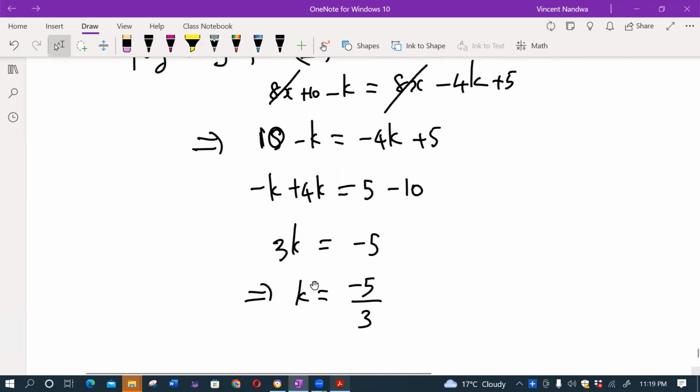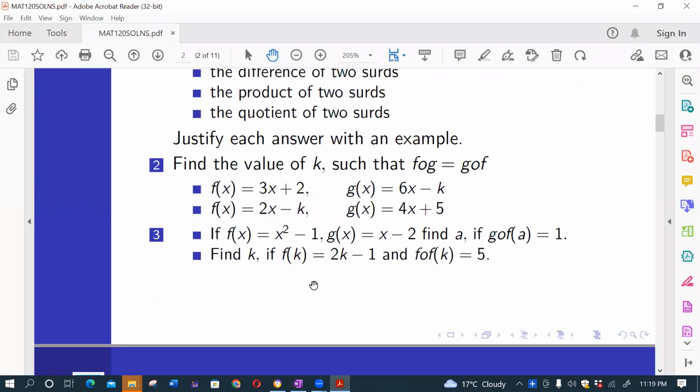And then the next question was: if f of x equals x squared minus 1 and g of x equals x minus 2, find a if g composed with f at a is 1. And then part 2, find k if f of k is 2k minus 1 and f composed with f at k is 5.